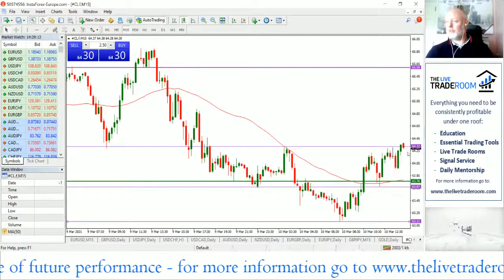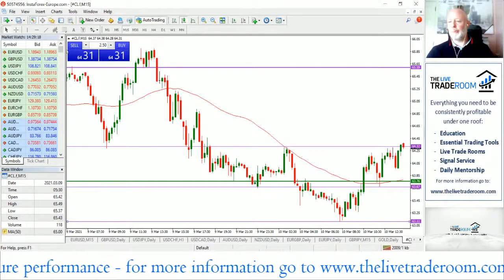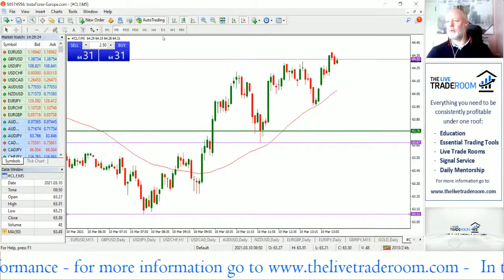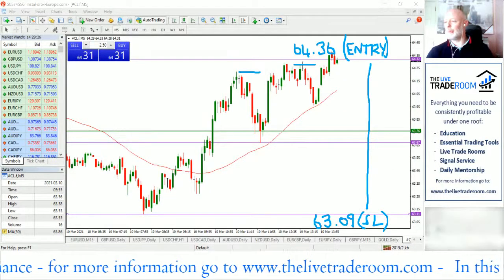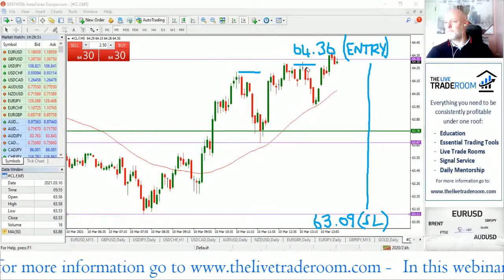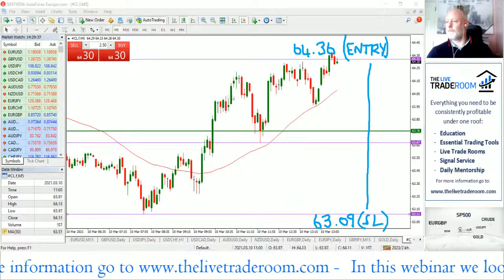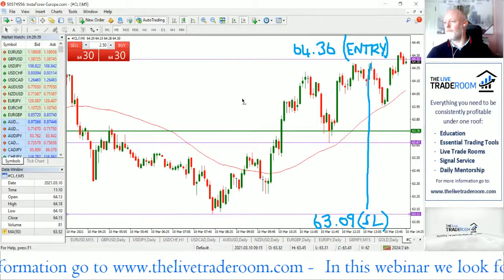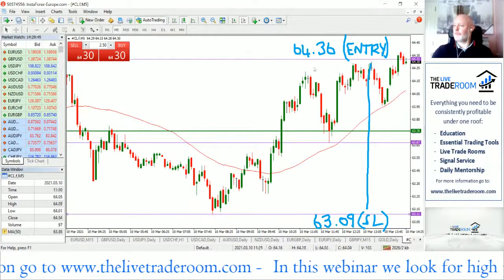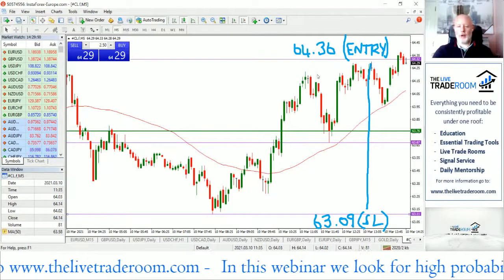So you can see it's just rolling back over to the downside on the 15-minute time frame. So that's giving you a little bit of context for that trade.